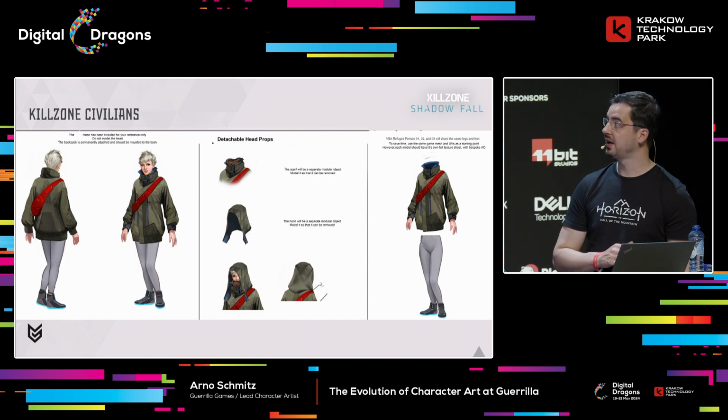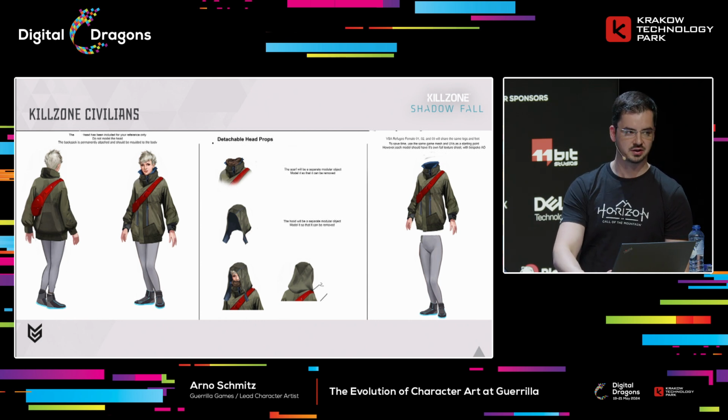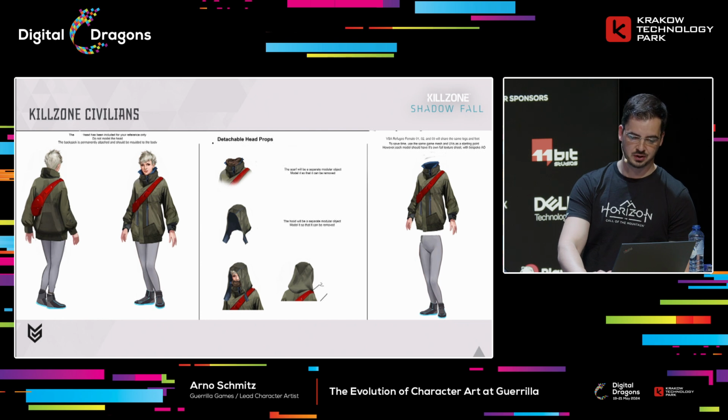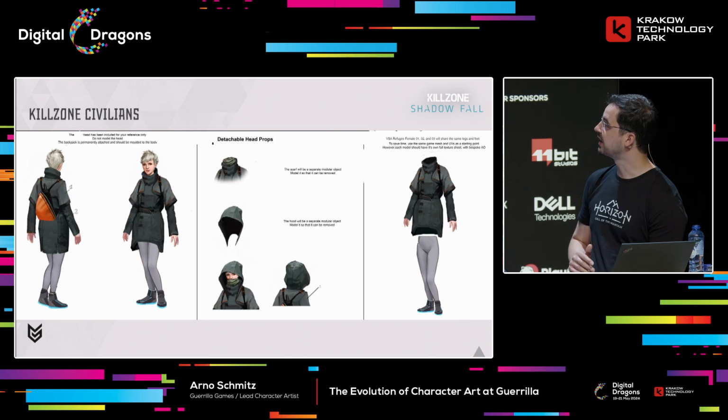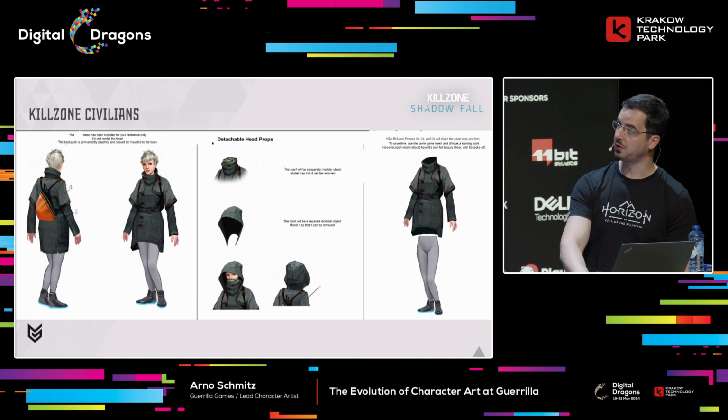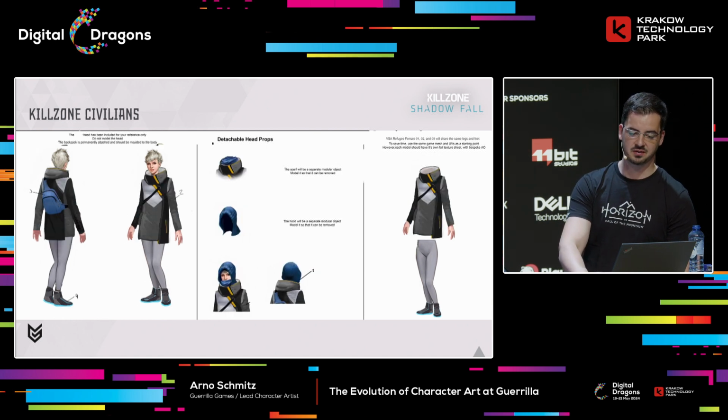And then there were a few areas in the game that had us walking through crowds, so we needed more variation. So we needed to create content in a more optimized way. So we have, for example, the same pants and jacket, different jackets, and a lot of accessories like hoodies and scarves.